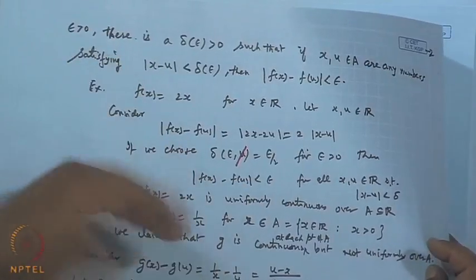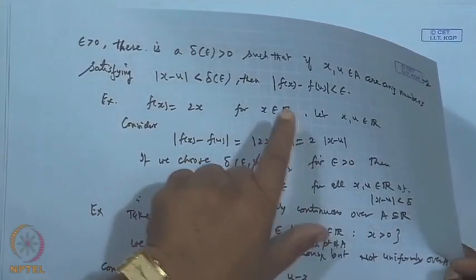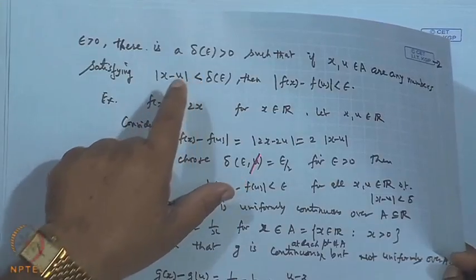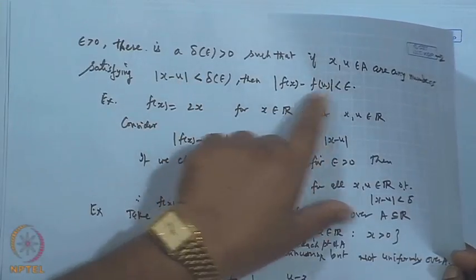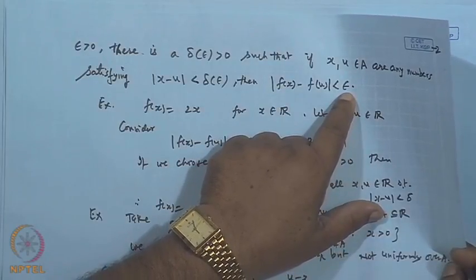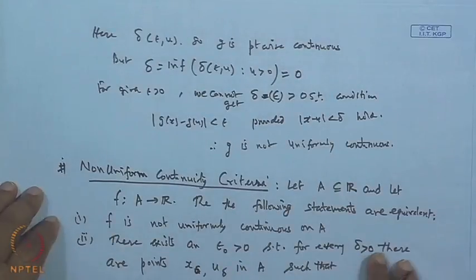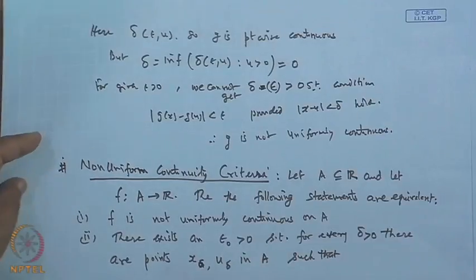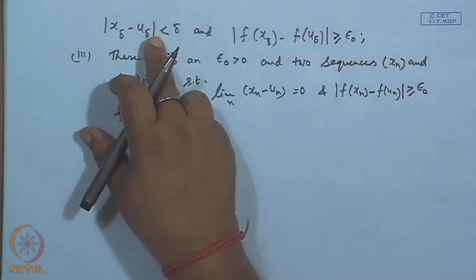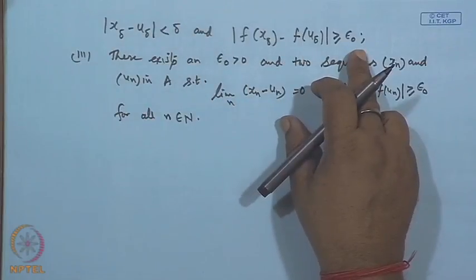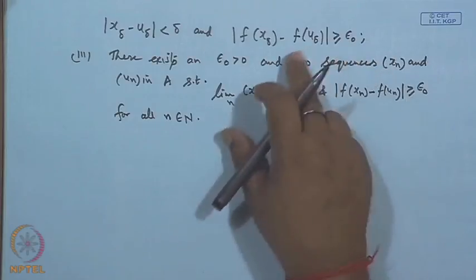So, if the function is not uniformly continuous, this condition will be violated. If we choose points in the delta neighborhood, the fluctuation of the images may not be less than epsilon; it can exceed some number epsilon naught. That is why, if f is not uniformly continuous, there exists an epsilon naught such that whenever the points x and u are in the delta neighborhood, the corresponding images exceed that bound epsilon naught.